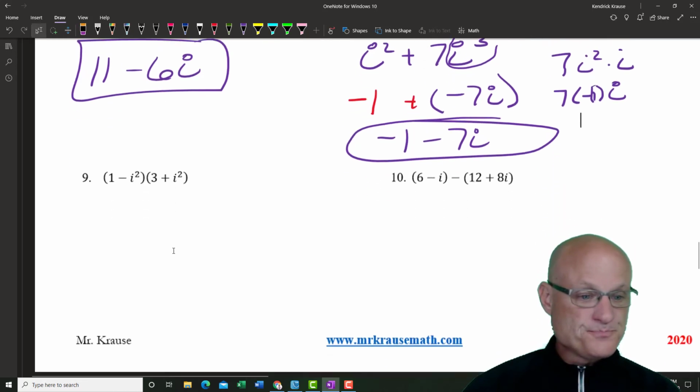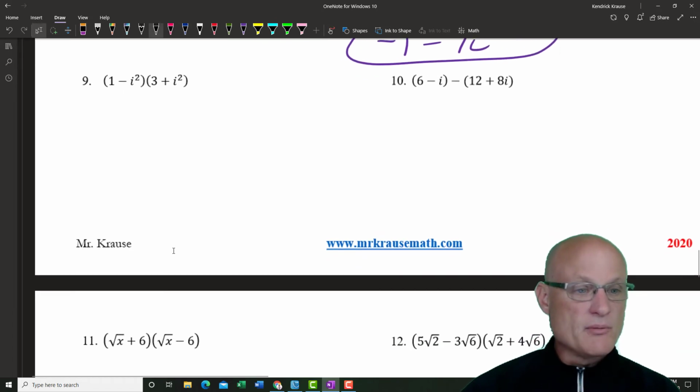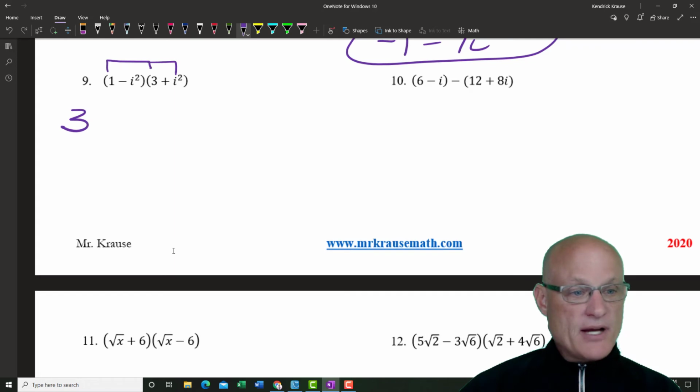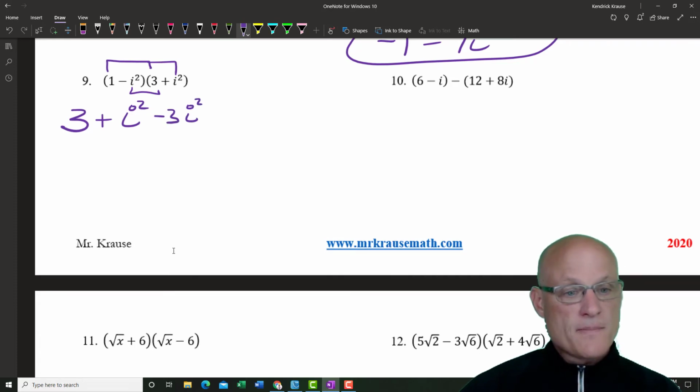All right. Play a little bit more. 1 times 3 is 3. 1 times i squared is plus i squared. i squared times 3 is minus 3i squared. And then i squared times negative i squared times positive i squared is minus i to the 4th.